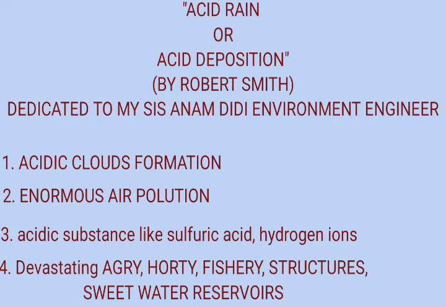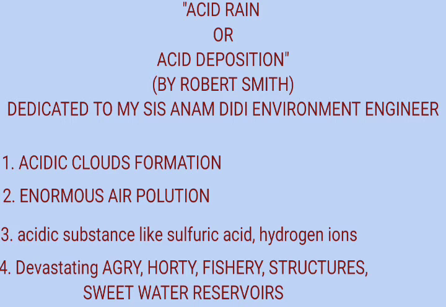Number 3, acidic substances like sulfuric acid and hydrogen ions are the culprit. What is detrimental to our planet? What is it that we call acid rain? What is in the acid rain?